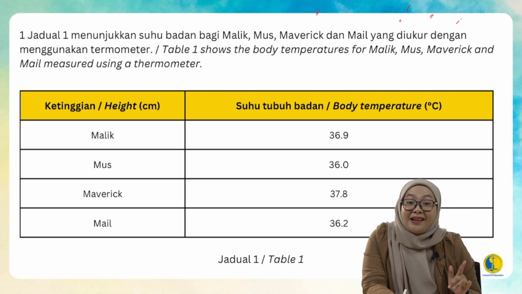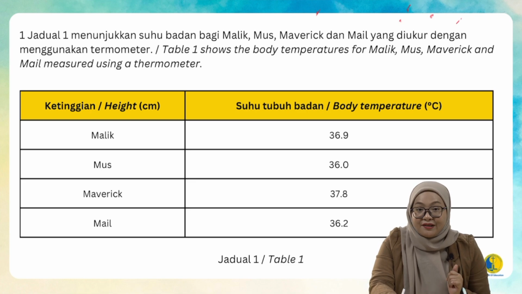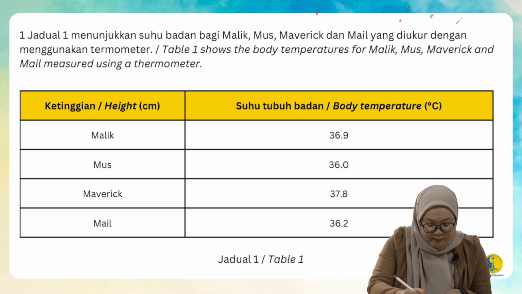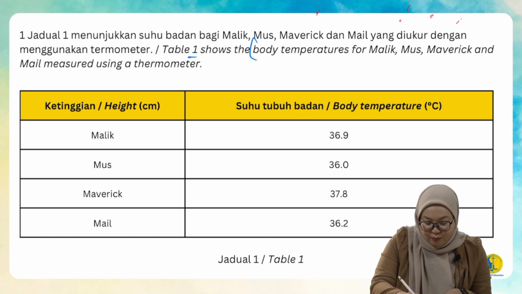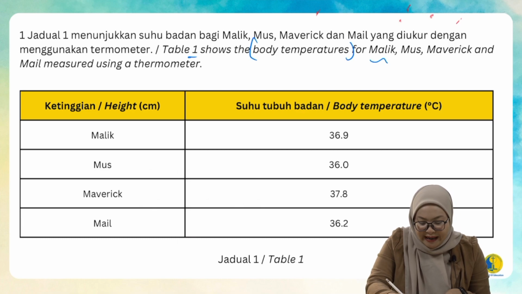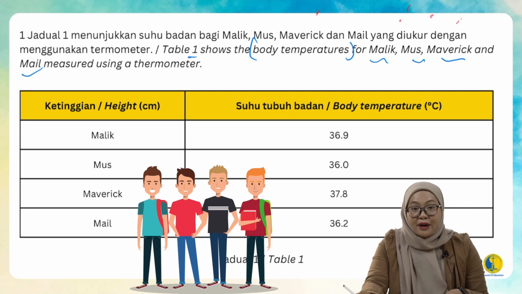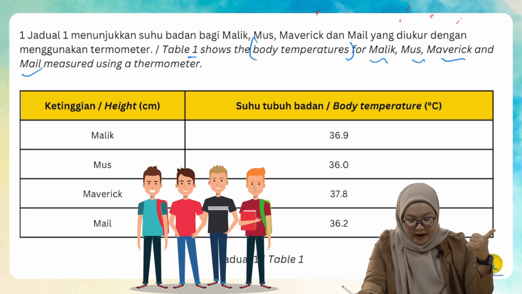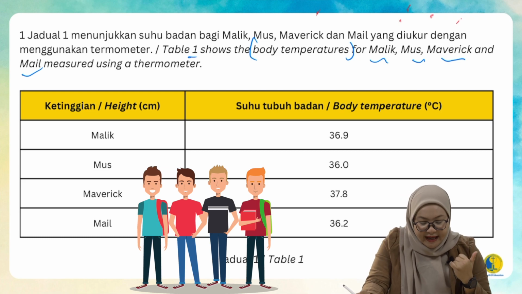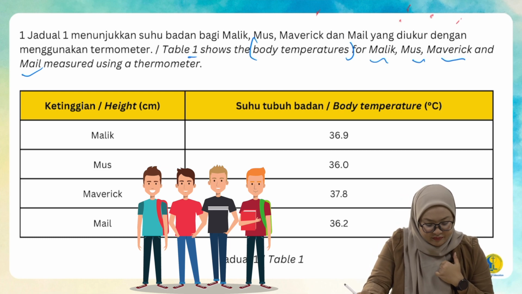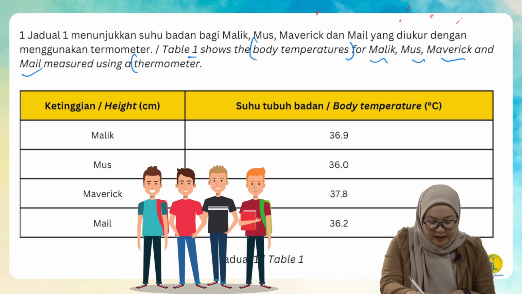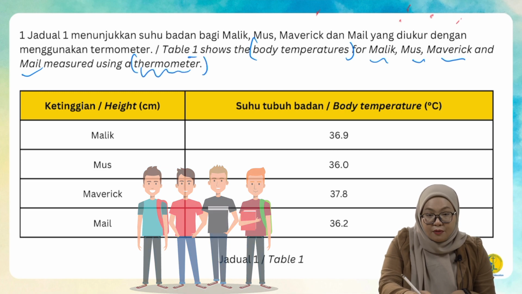Right, so let's begin with the first question. Table 1 shows the body temperatures for Malik, Moose, Maverick, and Mail. They are 4 of the boys. Their body temperature is measured by using a thermometer.